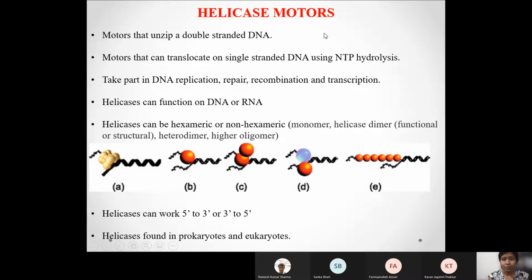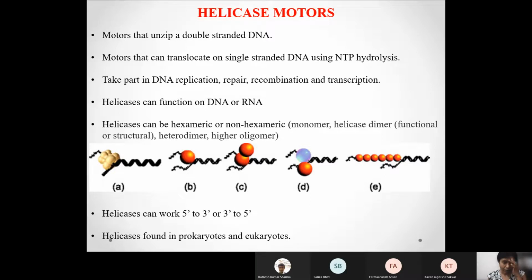And helicases can use any of the NTPs for the energy of hydrolysis, obtained by removing the terminal phosphate from any of the NTPs, to drive the unzipping of DNA. And they take part in a number of processes.